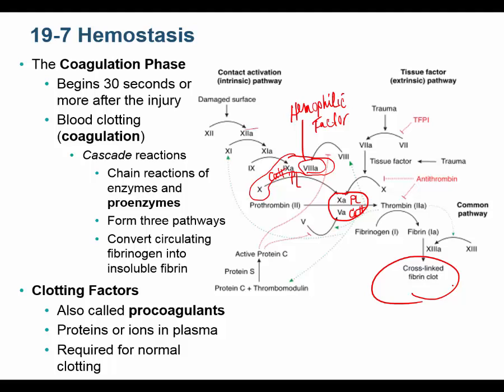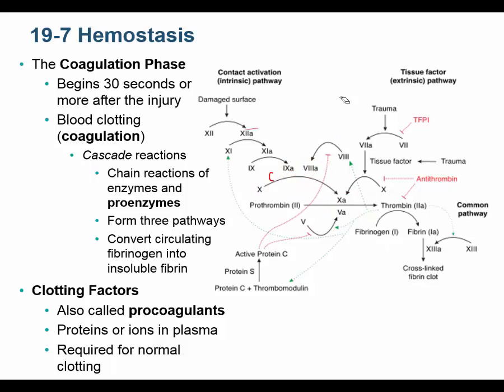Now there's an extrinsic pathway here, which is not as complex. By the way, this is the common pathway. 10 down is the common pathway. So really the intrinsic pathway is only to here, and then it joins the common. The extrinsic pathway is really tissue factor and 7.